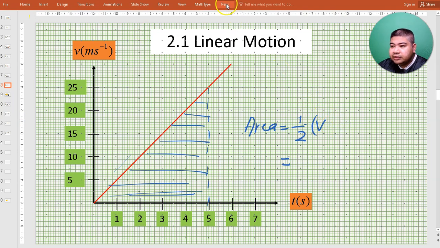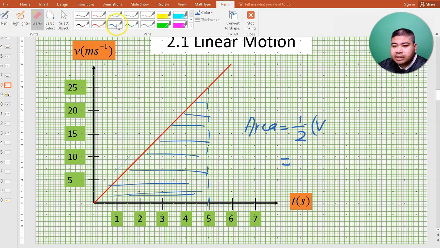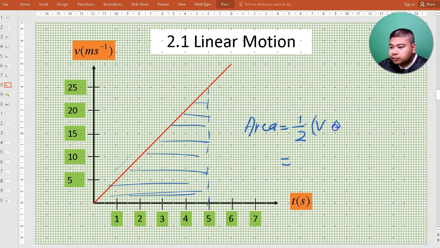We want the area during the interval from 0 to 5, so half times the height of the triangle, which is 25, the value of v, times the interval of 5 seconds. The value is 62.5.